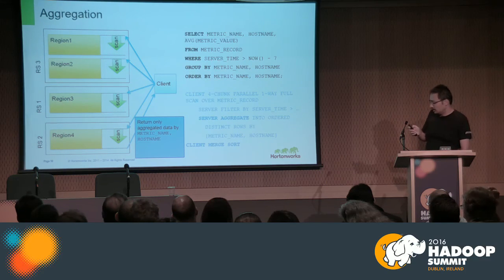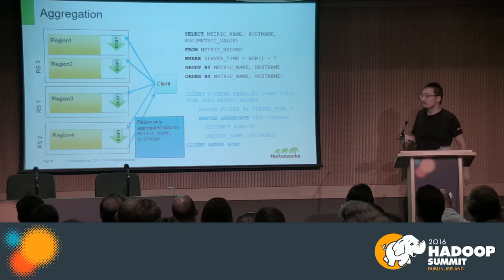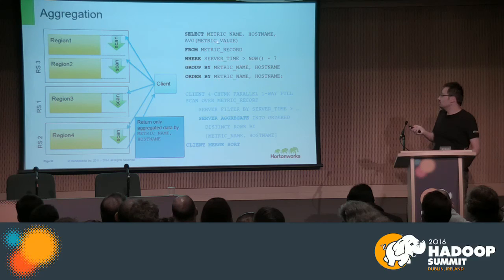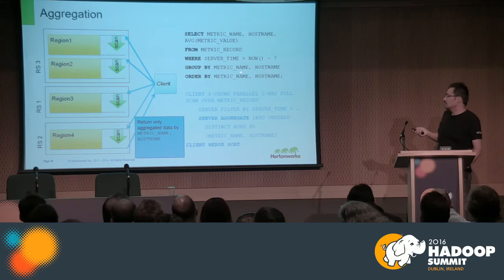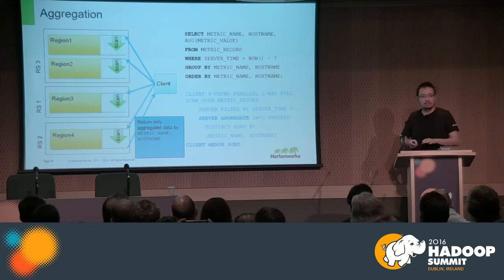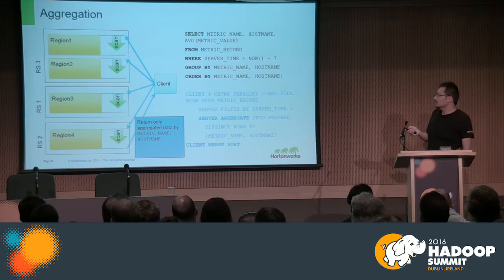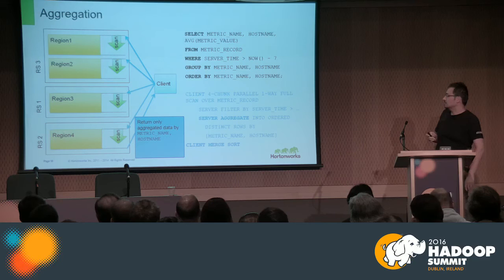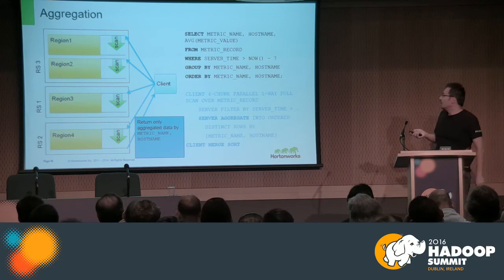Another look at an explain plan, for aggregation, would be something like this. Let's say you're doing the same kind of query, but we want to get the average of the metric value grouped by the metric name and host name. By the way, these are taken from actual queries that have been developed as part of the Ambari metric server, but these are mostly simplified versions, right?